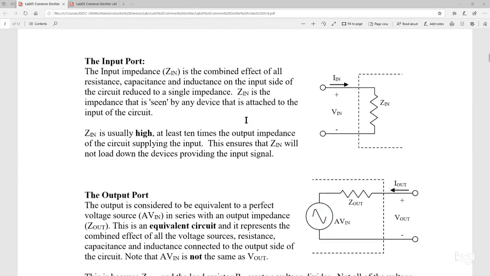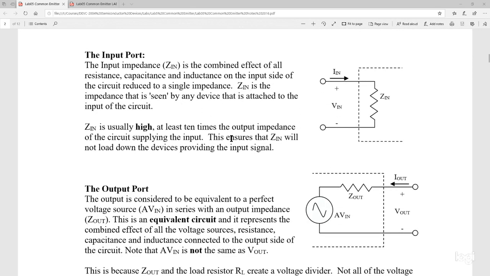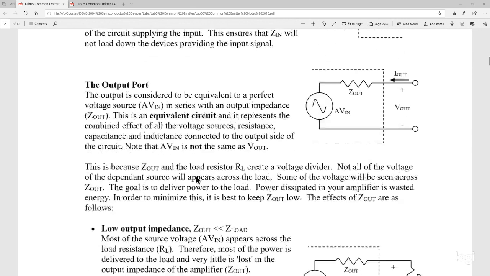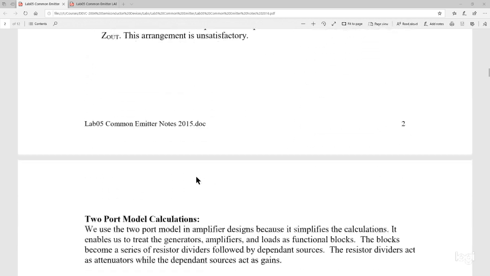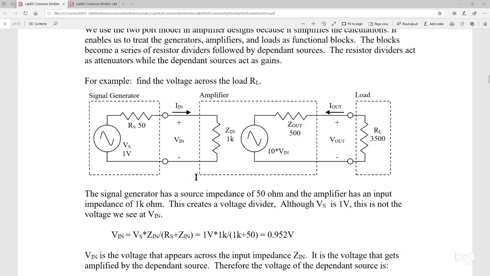We talked about characteristics of the input port, what makes a good Z in, Z out, and we did a couple of examples of how to run through the two-port model to figure out what the input currents and voltages are, what the outputs are, and then how to figure out the current gains, voltage gains, etc.